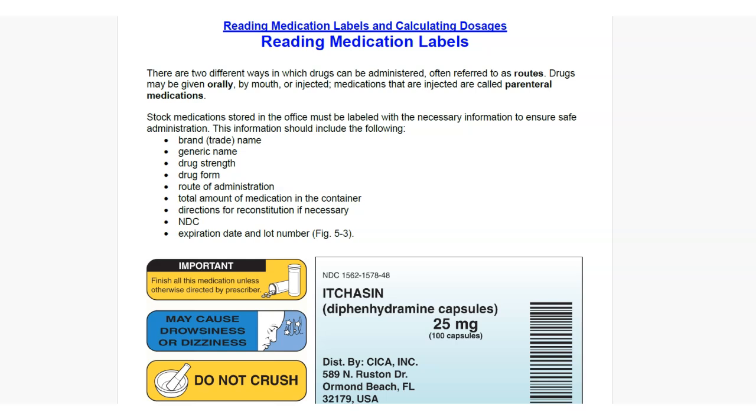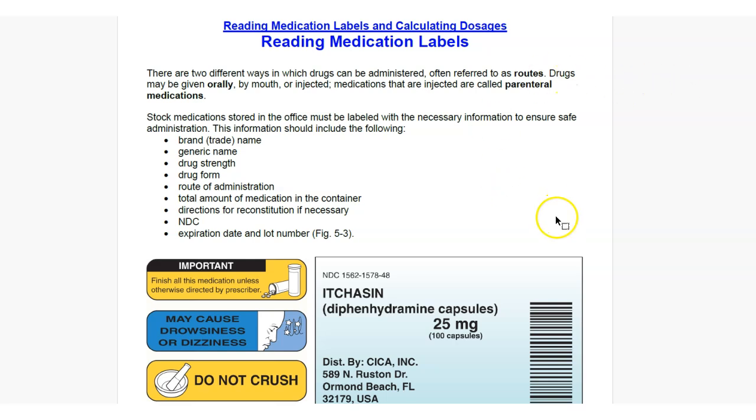It should have a brand name if it has one, a generic name at the minimum, drug strength, drug form, route of administration, the total amount of medication in the container, directions for reconstitution if it's a medication that we have to mix together, NDC, which is kind of like an identification number so that from the database we can look it up and know what medication is in there, and it should have an expiration date and a lot number.